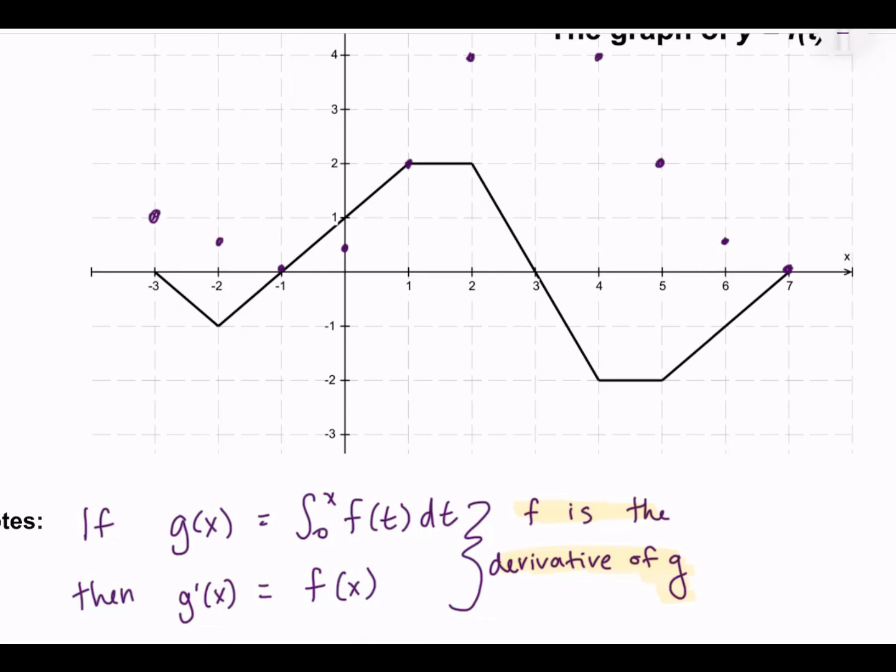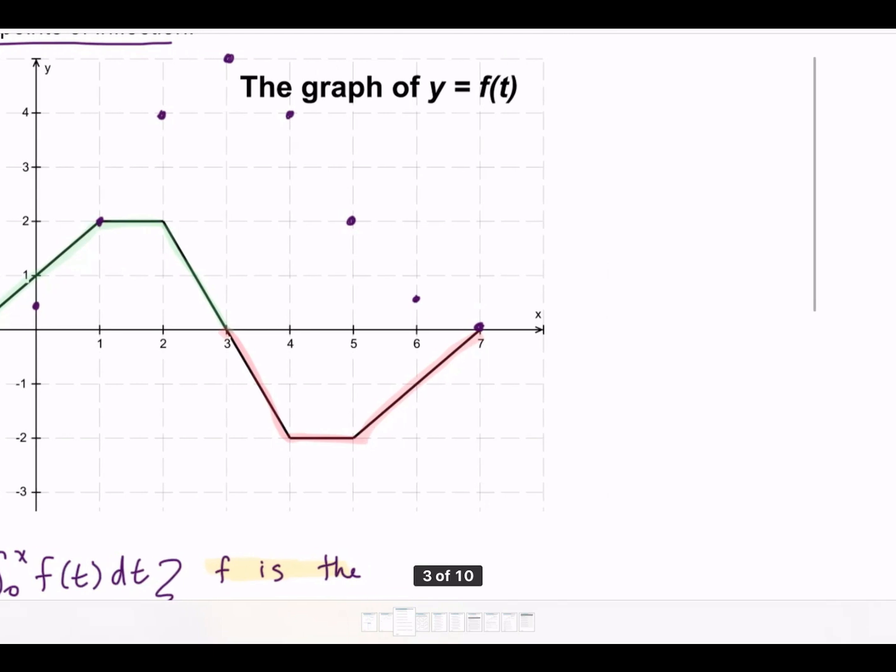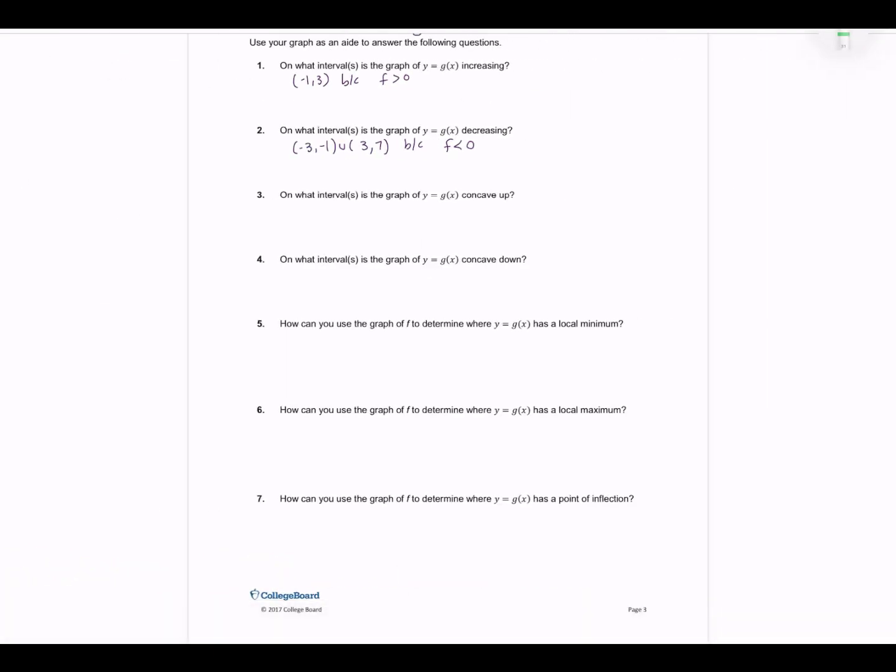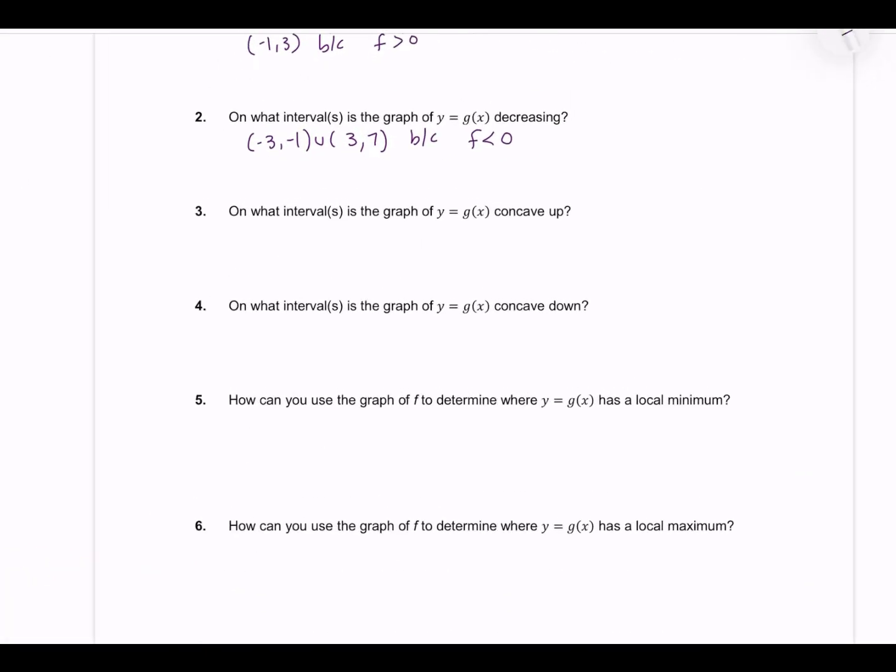So the places where the graph is negative, right here, is where g is going to be decreasing because f is the derivative of g. And the place where f is positive, g is going to be increasing. Okay? Alright, and we can use similar strategies to answer the rest.